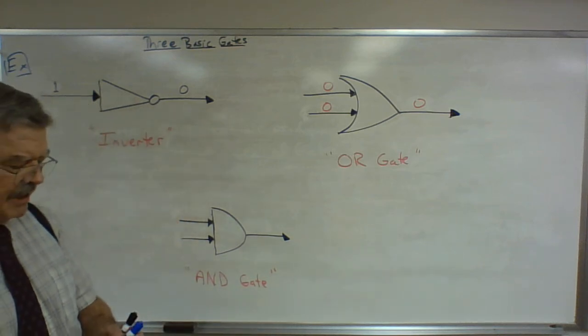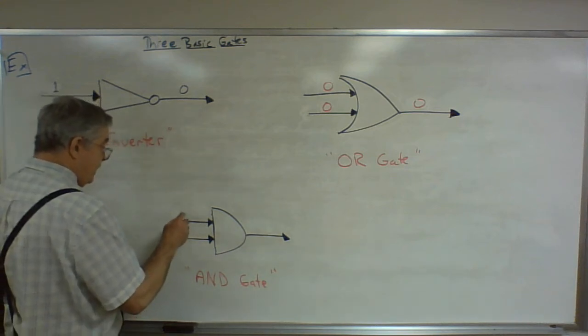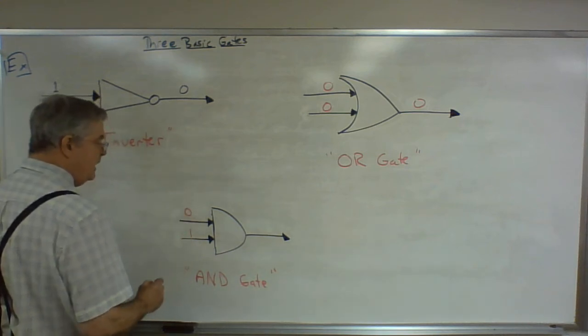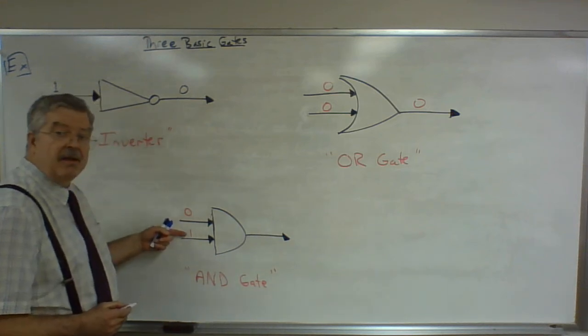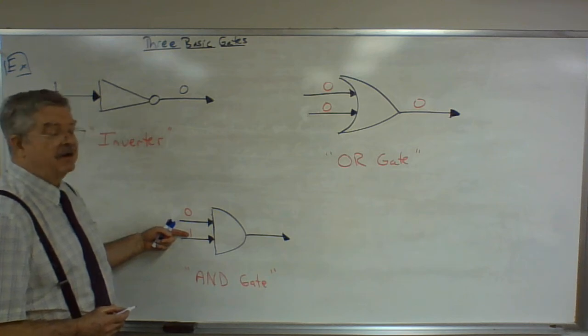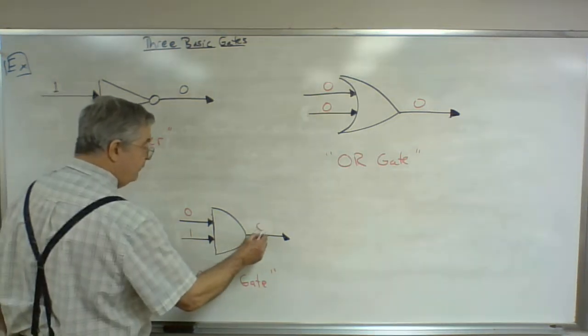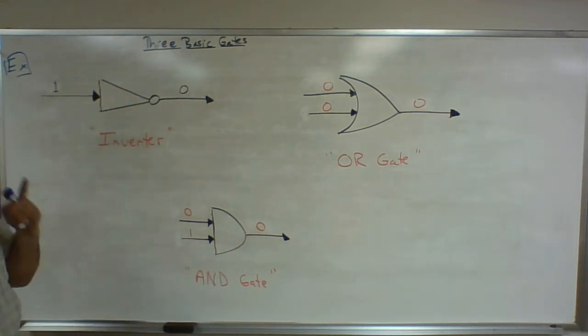And maybe we'll just play the same game. We have 0 in and 1 in, so we have a false and a true. If we have a false and a true, we're going to get false, right? And that false is represented by the 0 bit as output.